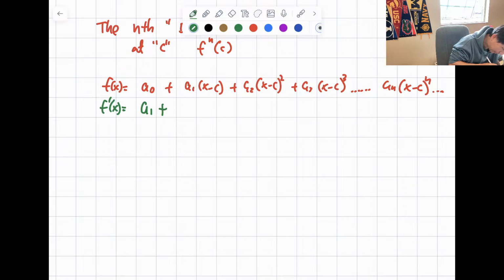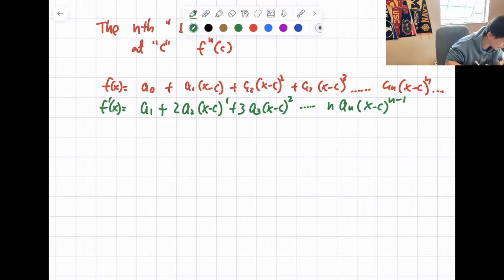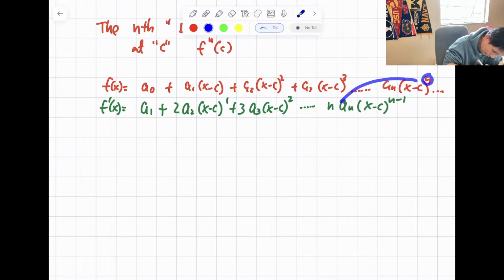Plus 2 times a2 times (x minus c) to the 1, plus 3 times a3 times (x minus c) to the 2, keep on going to n times a_n times (x minus c) to the n minus 1. That's the first derivative. You see this n is dropped in the front, and this becomes n minus 1. Does that make sense?